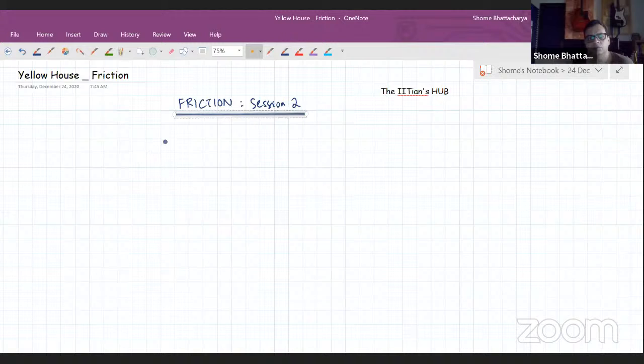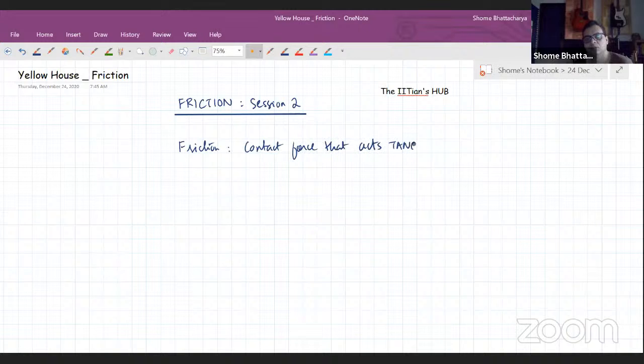First of all, we saw that friction is a contact force that acts tangentially at the surface of contact and opposes slipping.